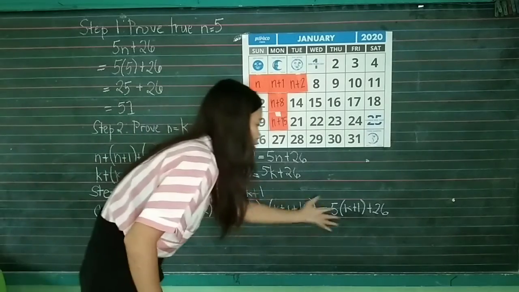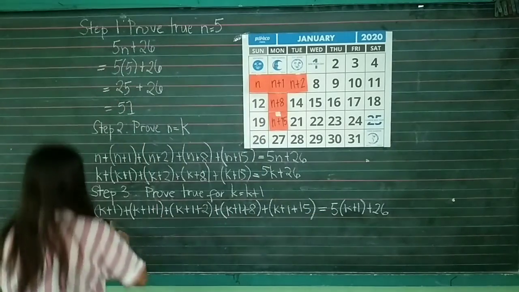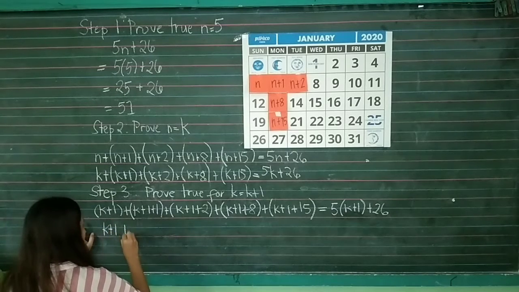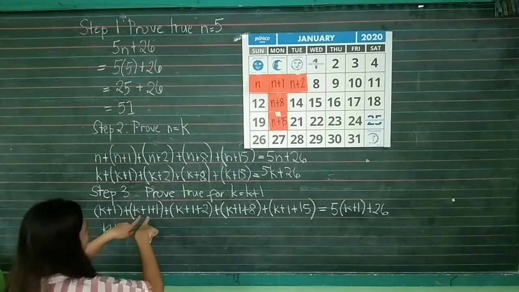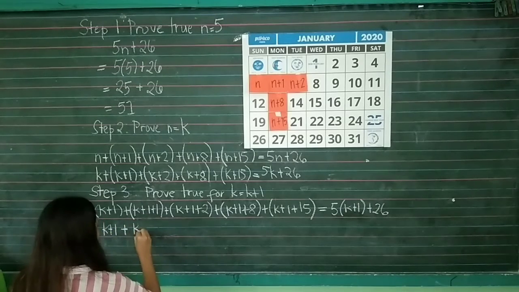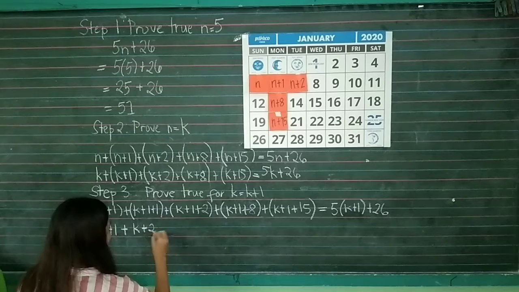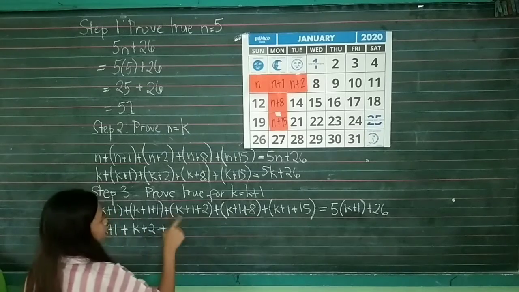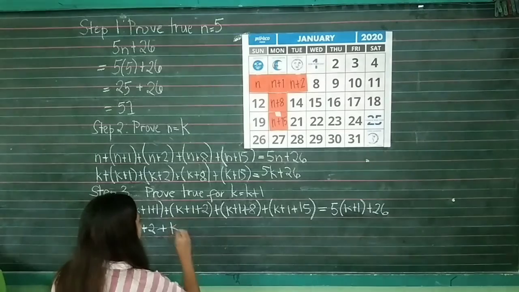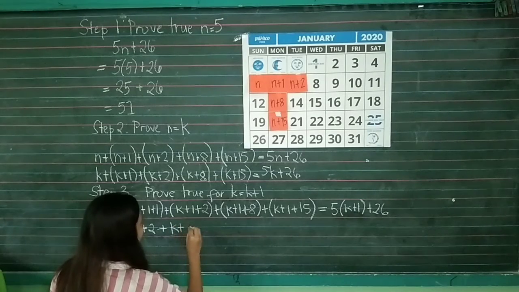So, k plus 1 is just k plus 1. Plus, k plus 1 plus 1, so we have k plus 2. Next, k plus 1 plus 2 is k plus 3.